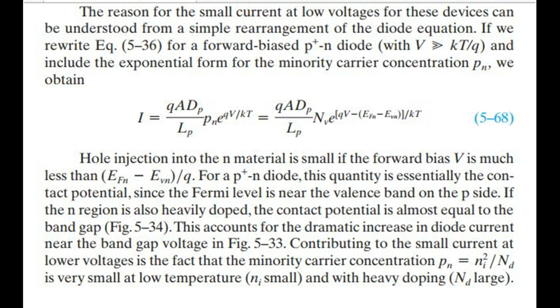For a P+N diode, this quantity is essentially the contact potential, since the Fermi level is near the valence band on the P side. If the N region is also heavily doped, the contact potential is almost equal to the band gap, Fig 5.34. This accounts for the dramatic increase in diode current near the band gap voltage in Fig 5.33.